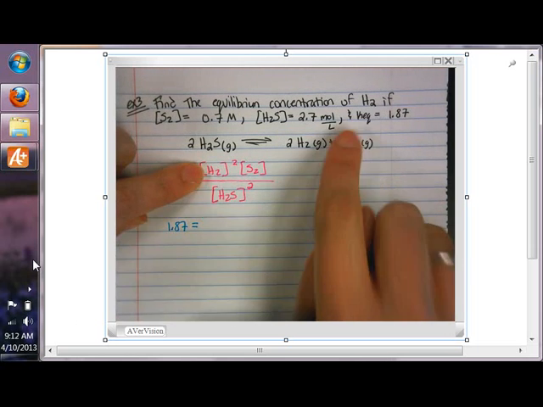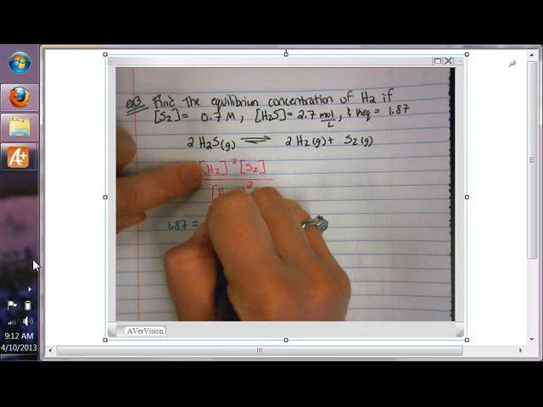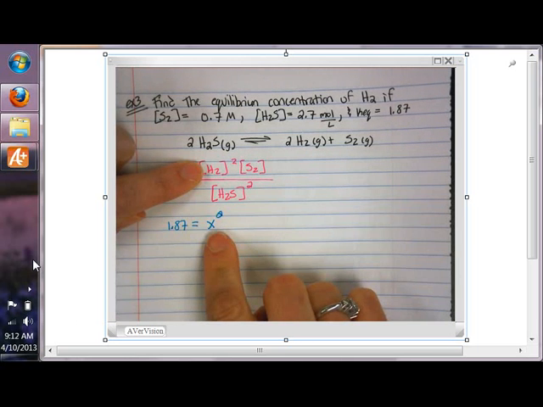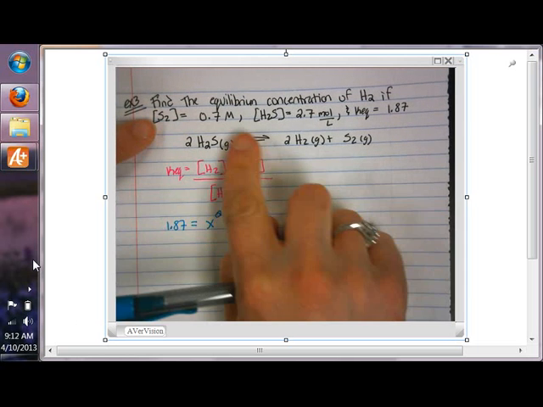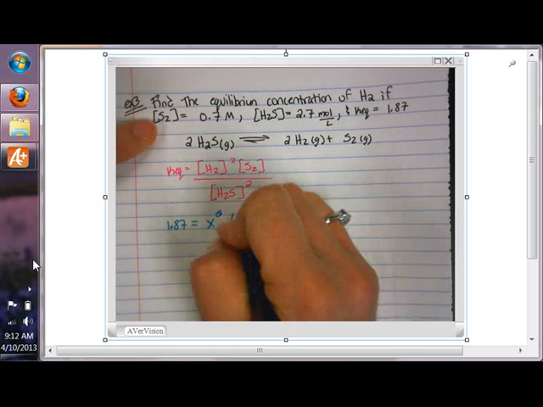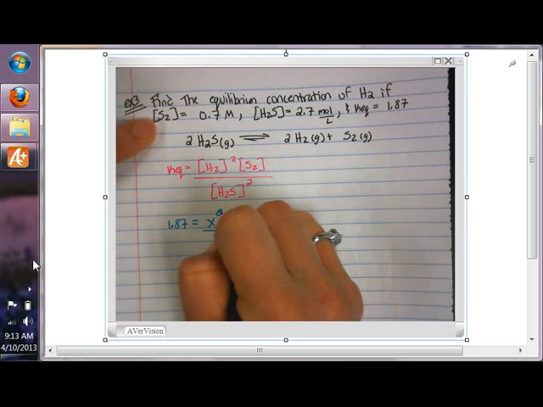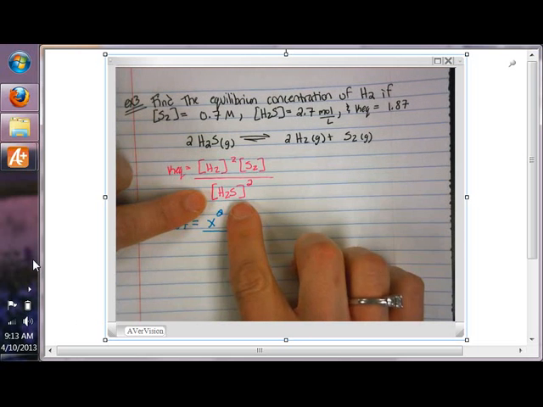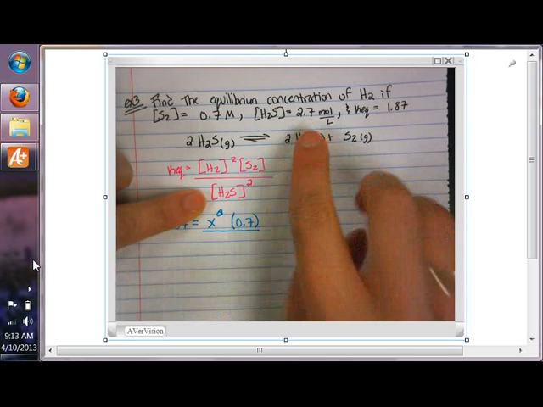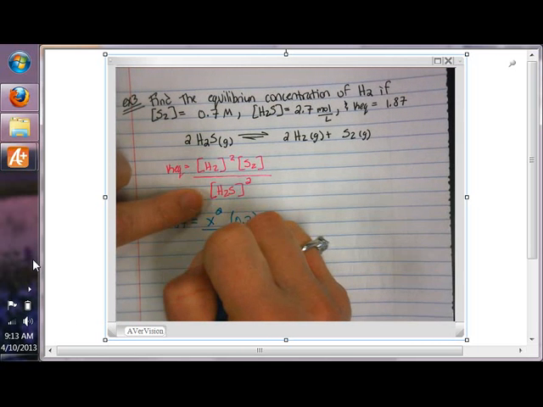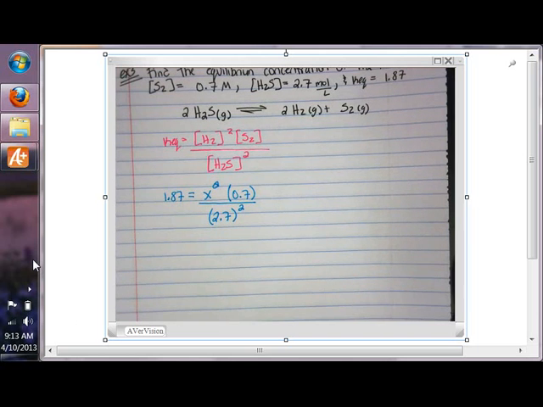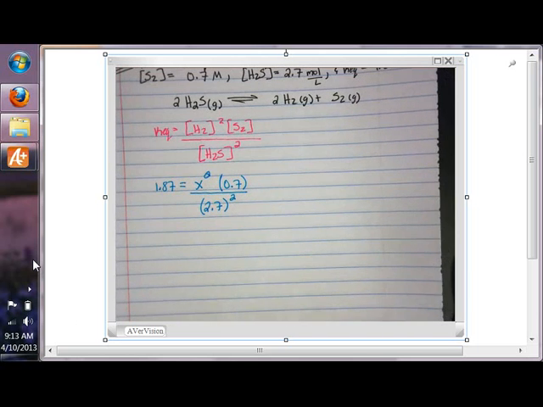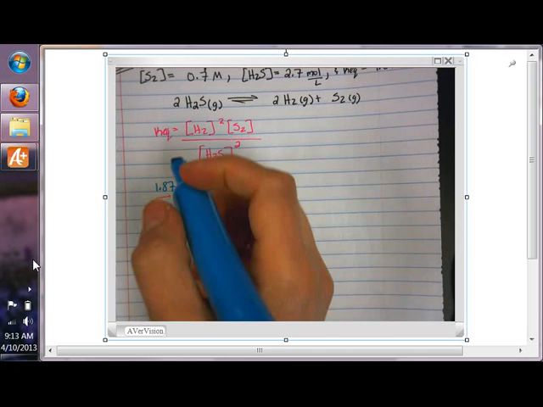I'm just going to say that that is X squared, times the concentration of S2, which we know is 0.7, all over the concentration of H2S squared, and H2S is 2.7 squared. So the first thing I'm going to do is actually cross multiply. There's technically a number 1 there. And I'm going to cross multiply these two.